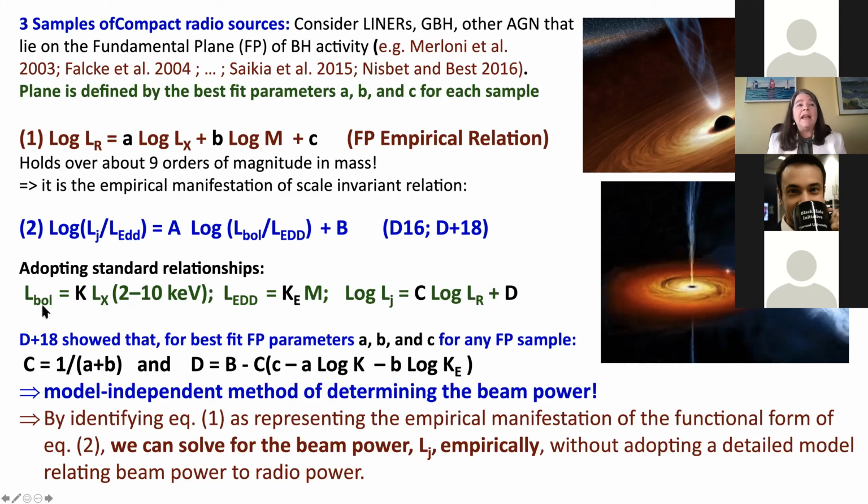Now, relating the bolometric luminosity of the disk to the X-ray luminosity, the 2 to 10 keV X-ray luminosity, which is in this equation, they're just related by a constant, and the Eddington luminosity is, of course, a constant times the mass, and a power law relationship between the radio luminosity of the compact radio source and the beam power.